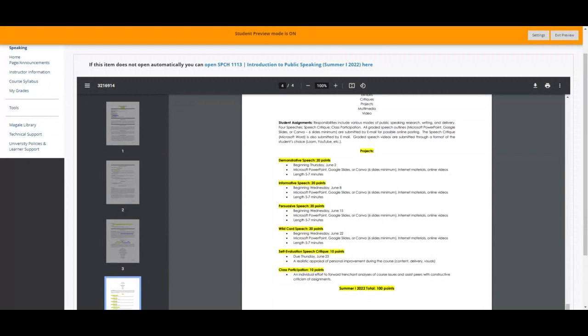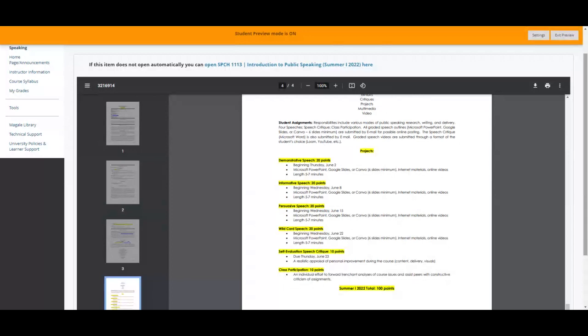In other words, even though that self-evaluation speech critique is going to primarily be looking at yourself, if you want to sneak in a couple of sentences looking at the improvement of your classmates during the month in terms of content or delivery or visuals, that's certainly appropriate. You don't have to write a book. A couple of paragraphs will suffice.